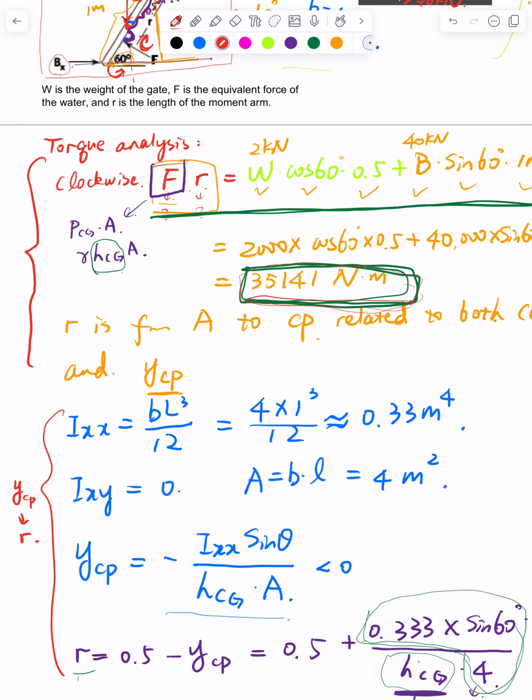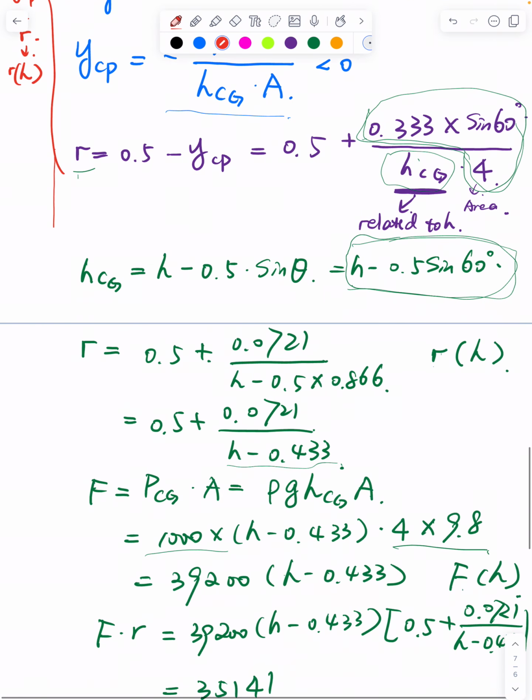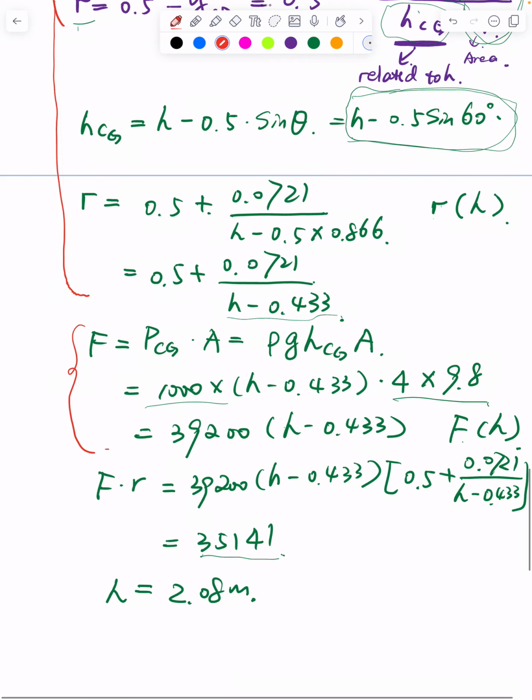You use all the conditions to have your R rewritten and relate it to H, R as a function of H. Then the next thing we did is to correlate F. We try to find the relationship between F and H.